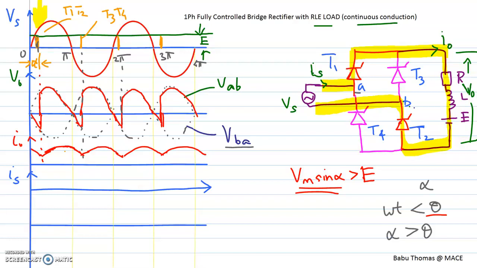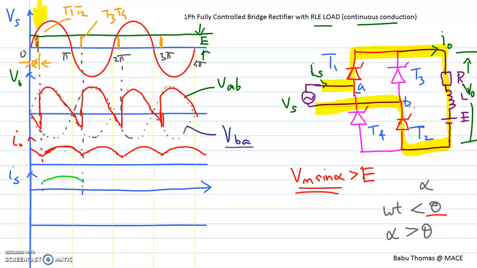Now, when T1 and T2 are conducting, you can again plot it over here. So this is for T1 and T2. Similarly, when your system is conducting in the pi to 2 pi, and I am going to trigger my thyristor at pi plus alpha, thyristor T3 is getting forward biased.